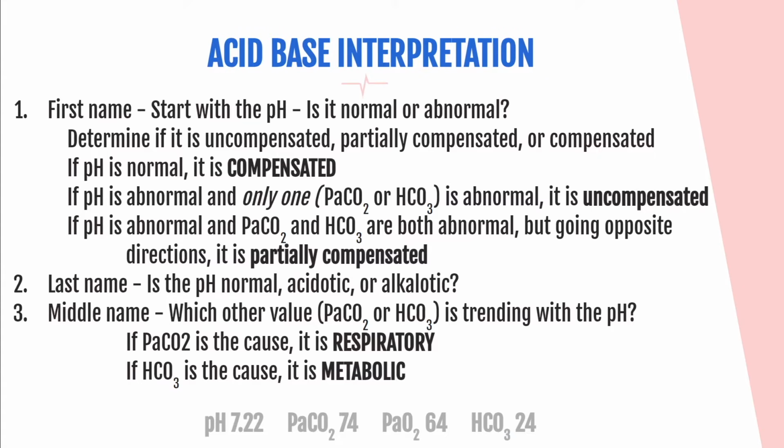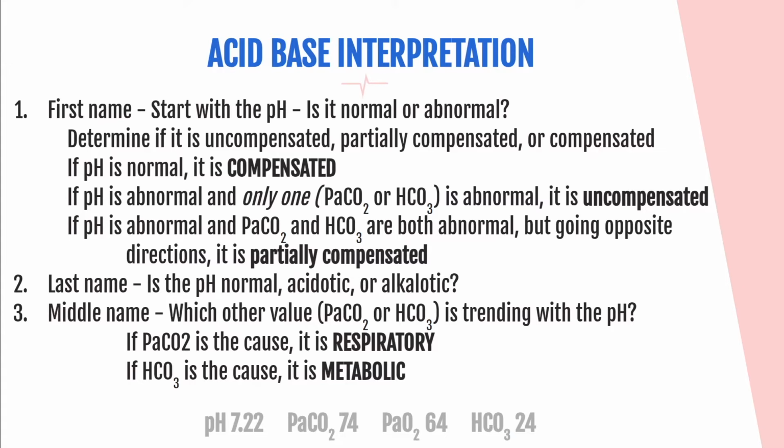I know that there is a lot on this slide, but let's go through this together with the example on the bottom here. So remember, first name, middle name, and last name. We're going to start with the pH, and let's make this super easy for ourselves. So we're going to ask ourselves, is it normal or is it abnormal? And if you have a normal pH, boom, you're done.